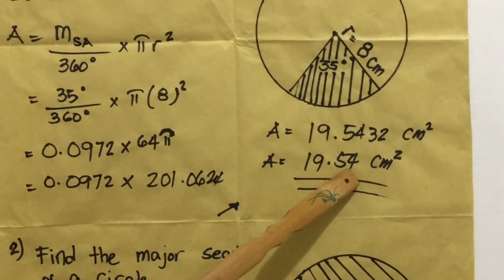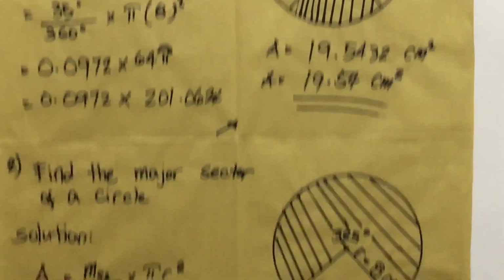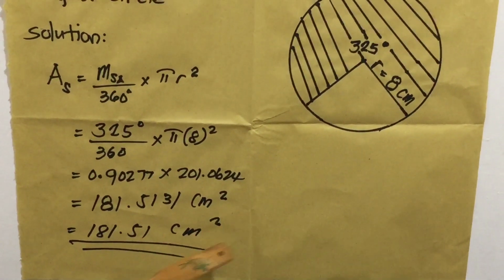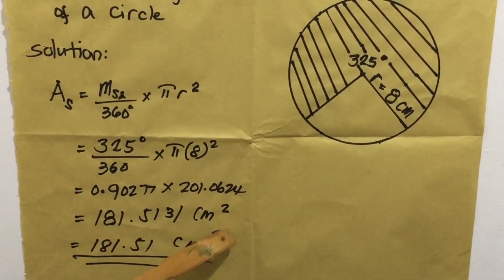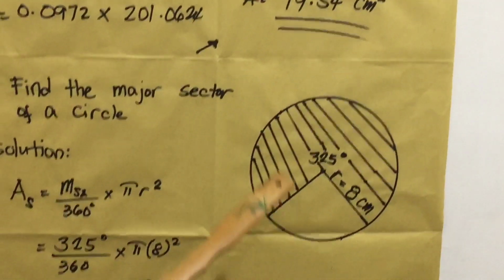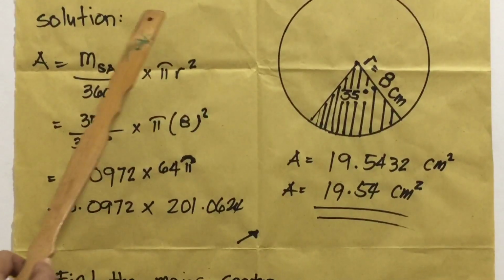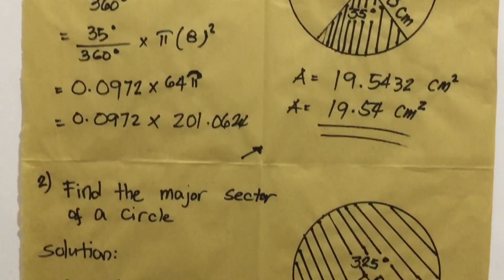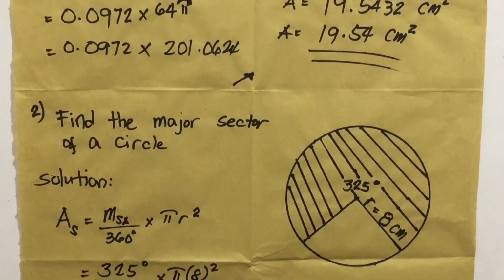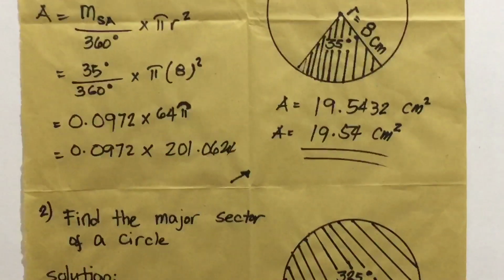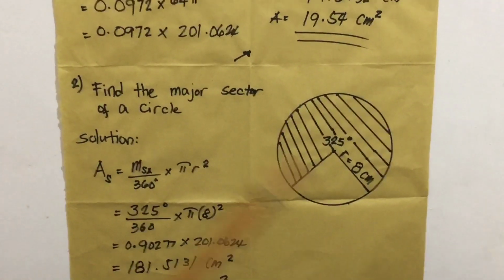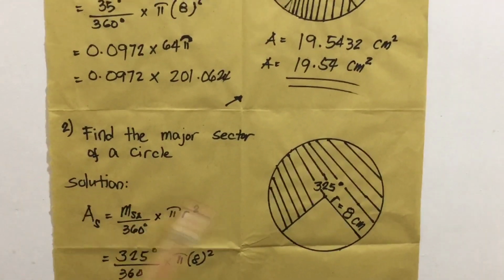So if we're going to add 19.54 square centimeter plus 181.51 square centimeter, it will be equal to the area of the whole circle, which is 201.05 something. Okay, that's the end of our computation about finding the minor sector of a circle and finding the major sector of a circle.